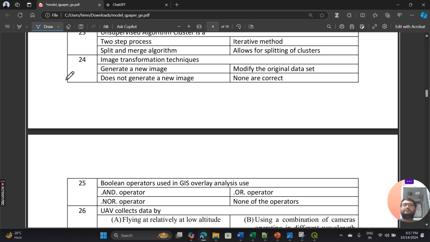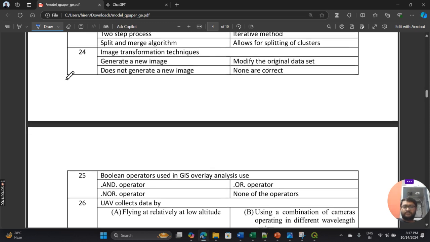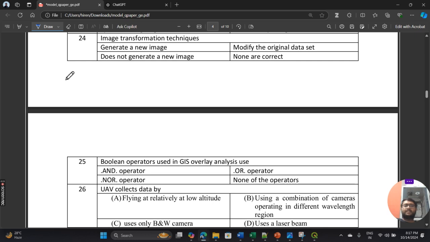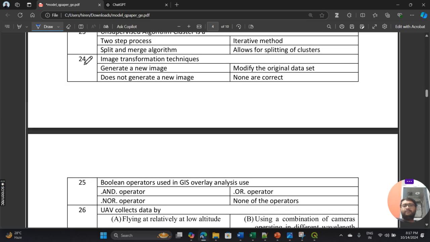It transforms the original, so we can say it modifies the original data set. Basically, we are doing a transformation from one to another. And if you see in terms of GIS, when we do any kind of operation, what does it give us as output?